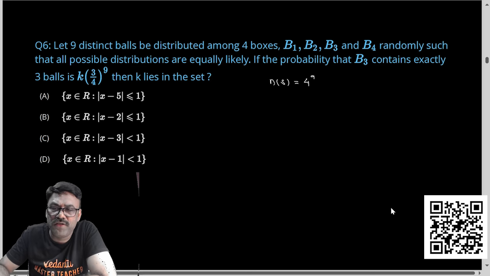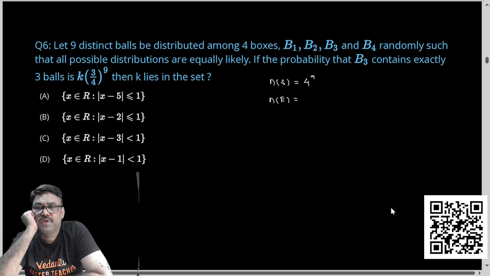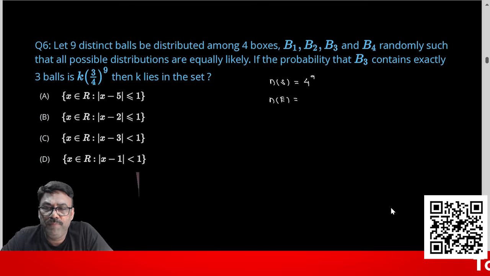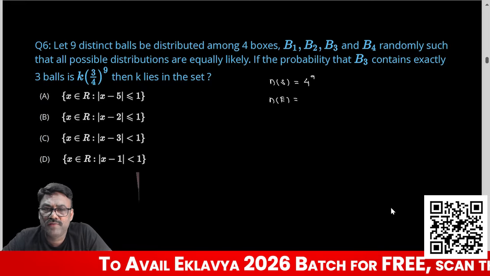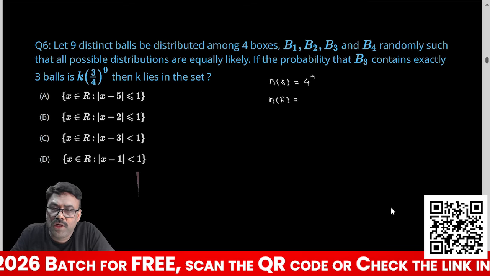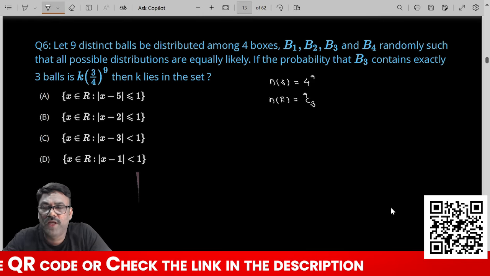Now let's write the favorable number of cases, n(E). The box B3 must contain exactly 3 balls, but I don't know which 3 balls go to B3. Balls are distinct, so I will choose 3 balls first, 9C3, from 9 balls.